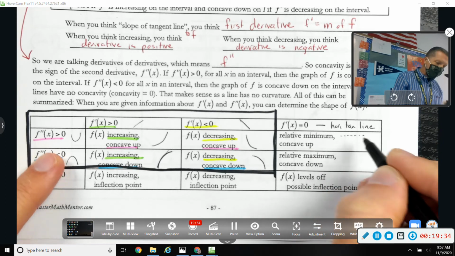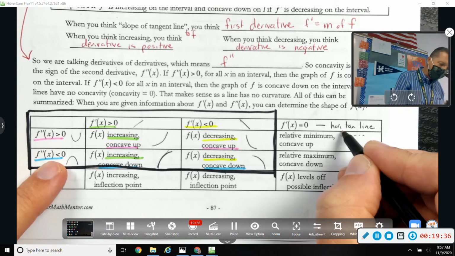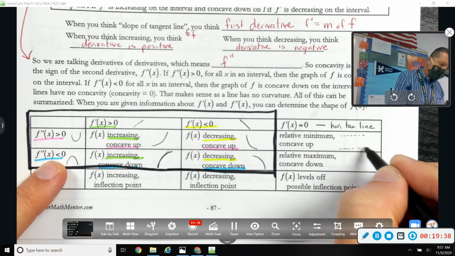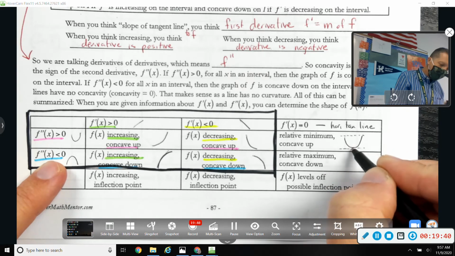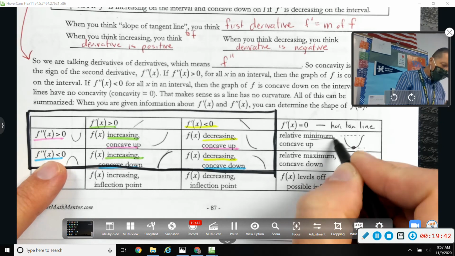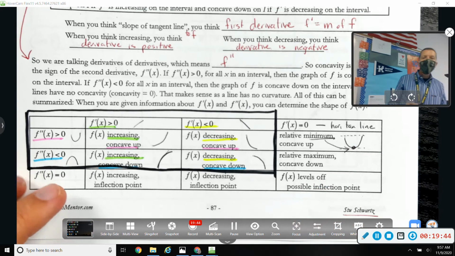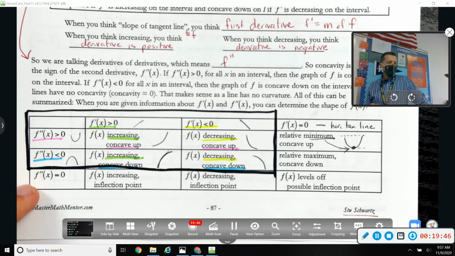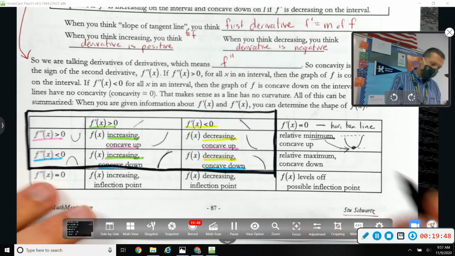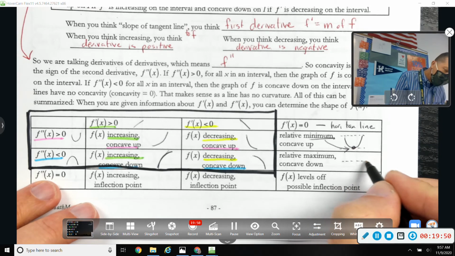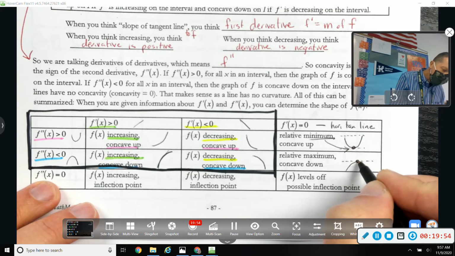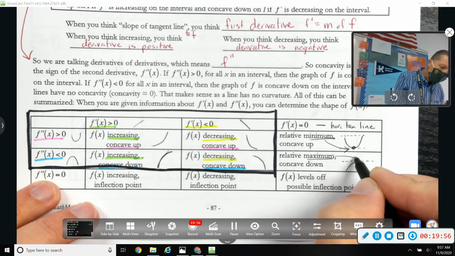Oh, I put my dashed line in the wrong spot if I wanted to be concave up. Horizontal tangent line, but concave up means we have a minimum. Horizontal tangent line, but concave down means we have a maximum.